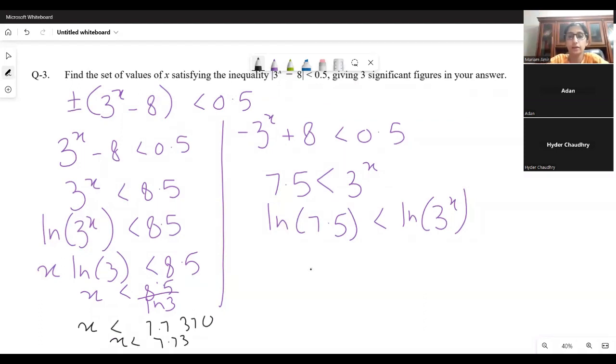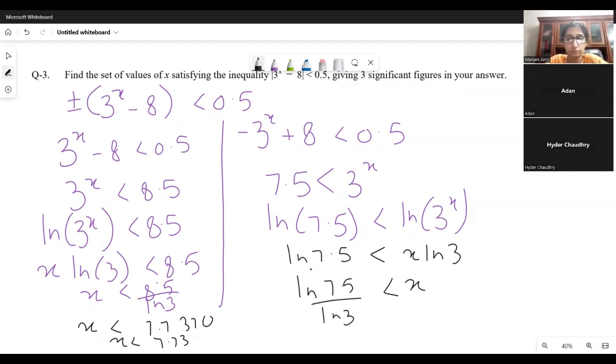All right, the other side, we have ln 7.5 is less than, x comes down again, we have ln 3, and then we divide both sides with ln 3. So ln 7.5 divided by ln 3 gives us 1.83.